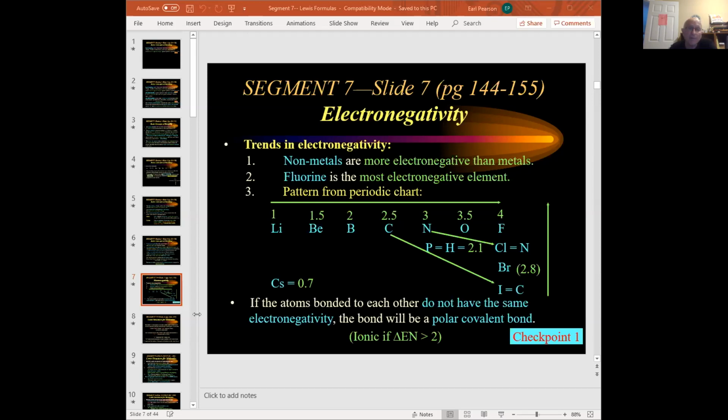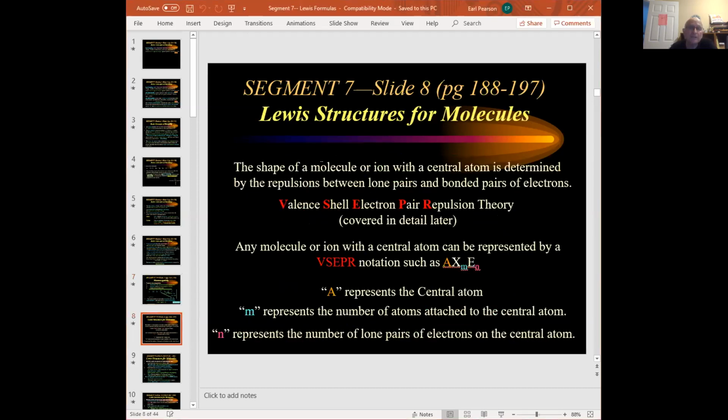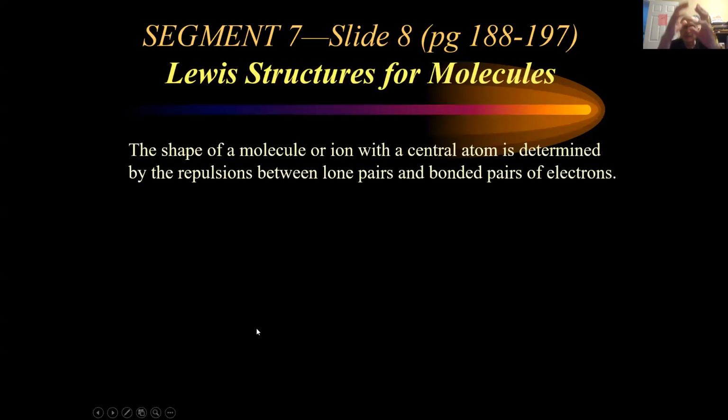So I think that's a really good rule of thumb to use. Okay, well, let's look at what's called the valence shell electron pair repulsion theory, because that allows us to predict how molecules will shape themselves around each individual atom in the molecule.